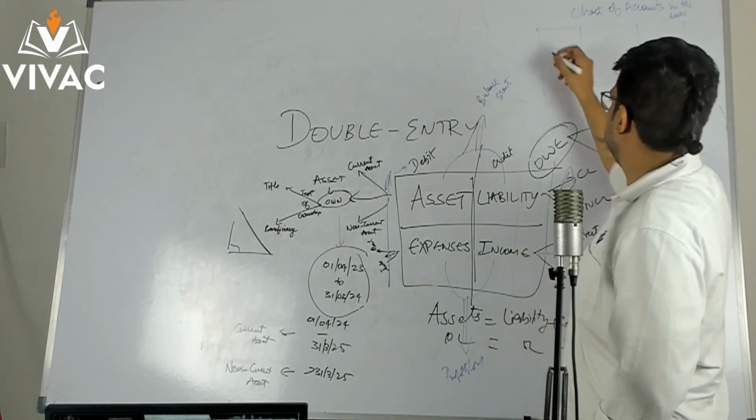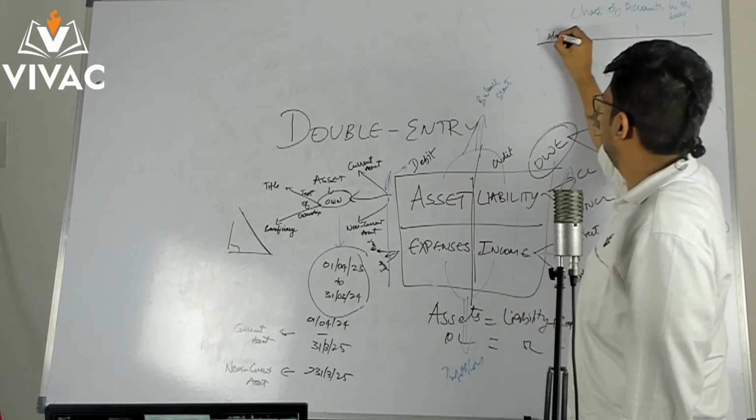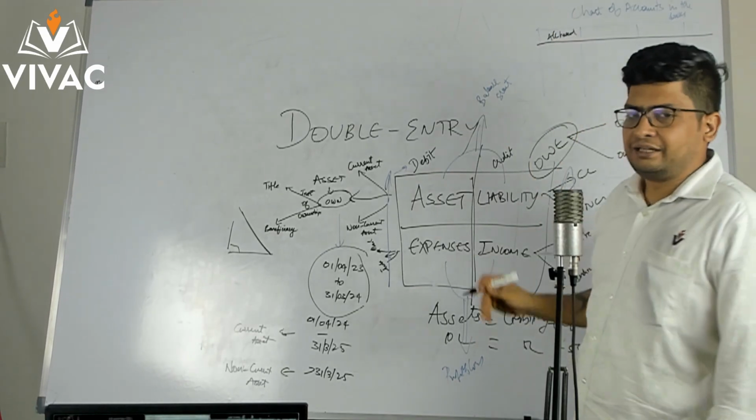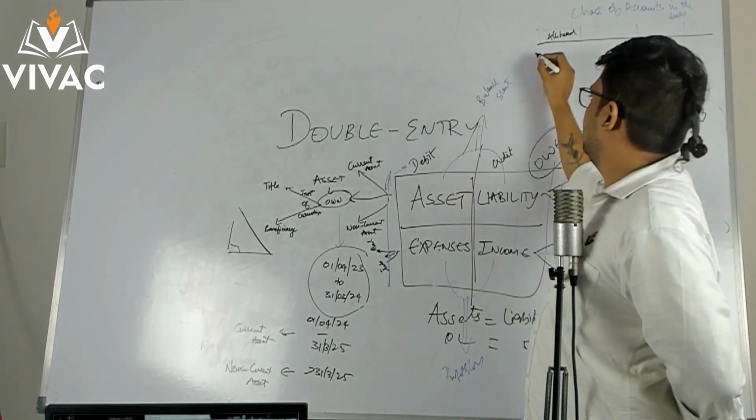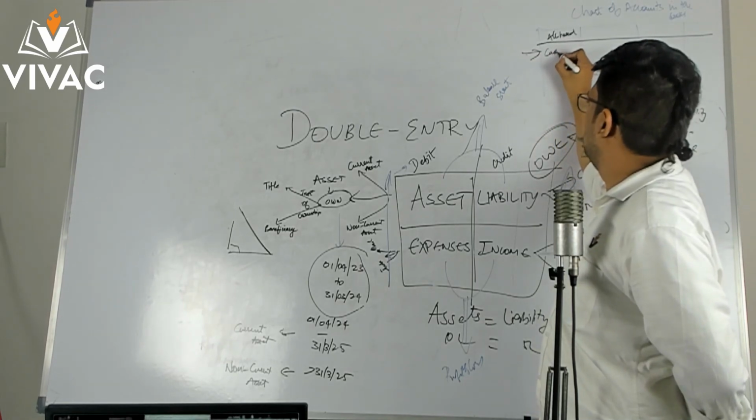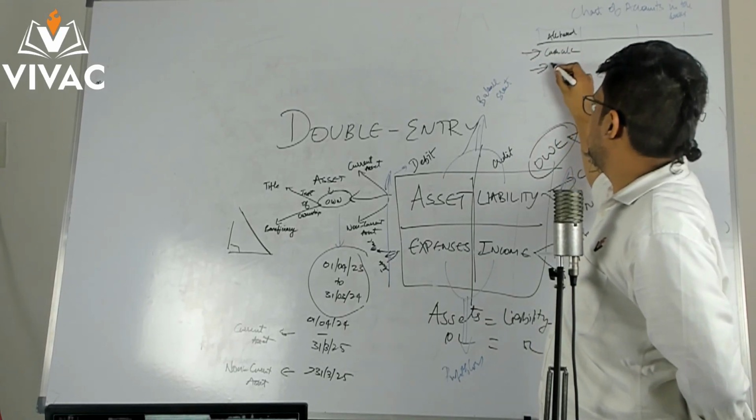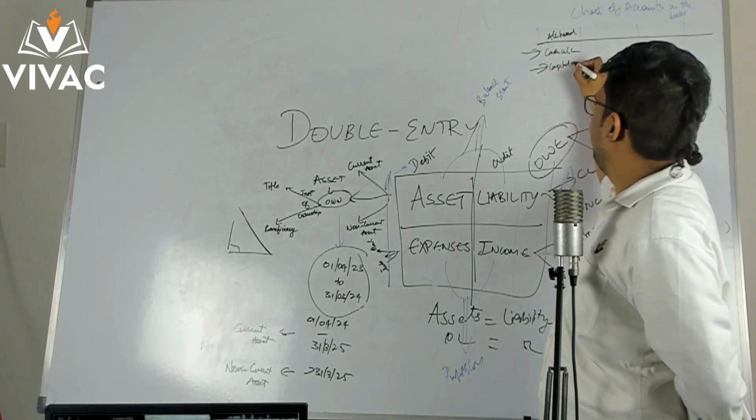The first box is your account head. Now what accounts are we creating? One account called cash account and another account called capital account.